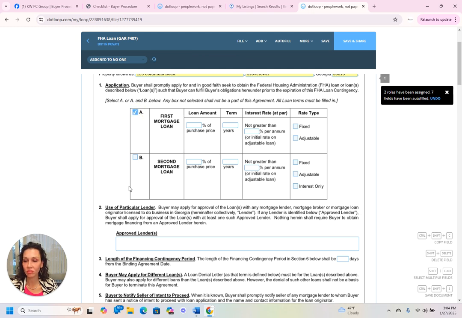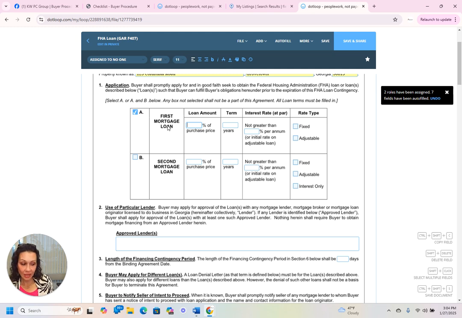So first loan. They're not going to be taking a second mortgage to purchase a home. It's going to be the first loan on that property for them. The percentage of purchase price, that is how much the lender is going to give them. So I see these come through where it says 5%.